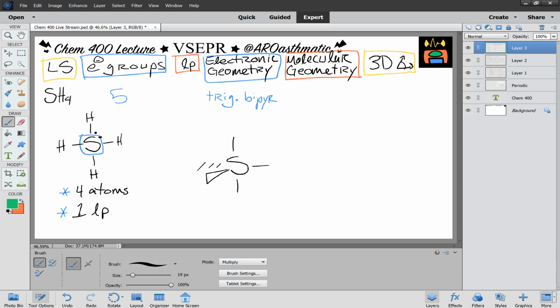There are actually different positions, as we learned on Monday, on this geometry. There's the axial and the equatorial. And what you need to know is when you're dealing with trigonal bipyramidal geometries, lone pairs always are axial. No, that is the opposite. They are always, lone pairs are equatorial.